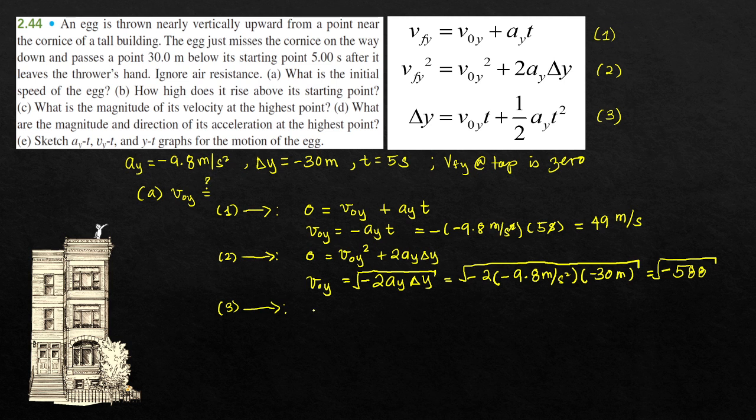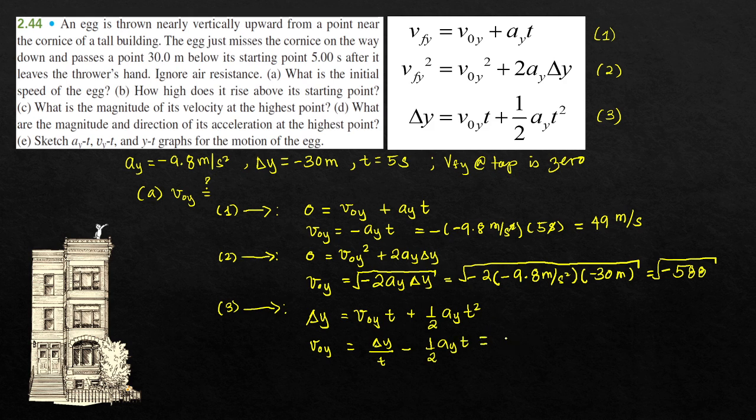So we have delta y equivalent to v naught yt plus 1/2 ayt squared. So we want to solve for v naught y. So v naught y would have a working equation of negative delta y over t minus 1/2 ayt.